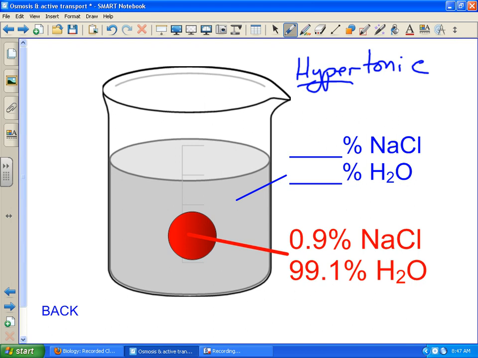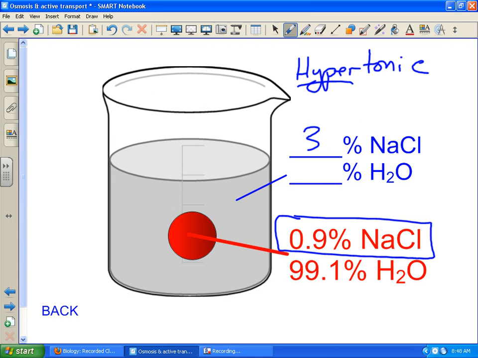What would be a value of salt greater than that? You could have come up with anything. Anything higher than 0.9 would be hypertonic. So in this case, we've got 3% salt. It's saltier outside the cell, is all that's really saying.